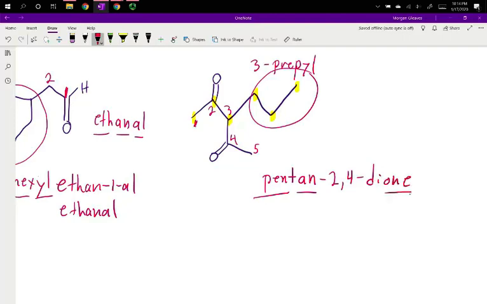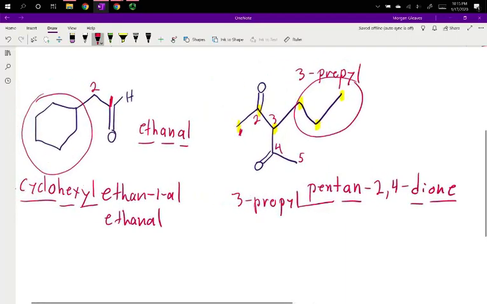So ketones are one, and I have 2 of them. Put my 3-propyl out front. It is 3-propyl pentan 2,4 dione. So this is how we would name this ketone with multiple ketones on it. Alright, in terms of a little bit of alcohol, aldehyde, and ketone naming, I hope that practice was helpful.